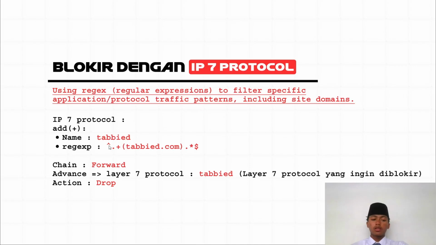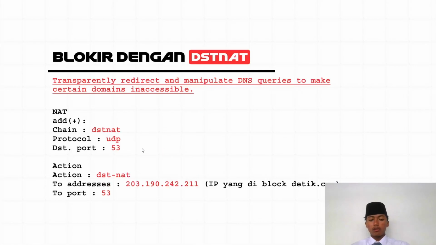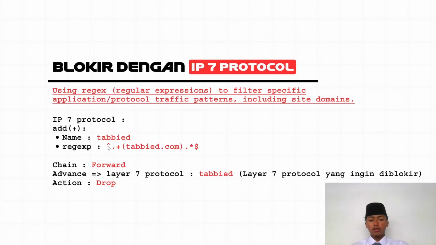So you must add your domain with special characters: dot, plus, then an open parenthesis, put your domain, close parenthesis, dot, star, and dollar. I don't know what these special characters mean, but if you want to block with Layer 7 protocol, you must put the domain like this.